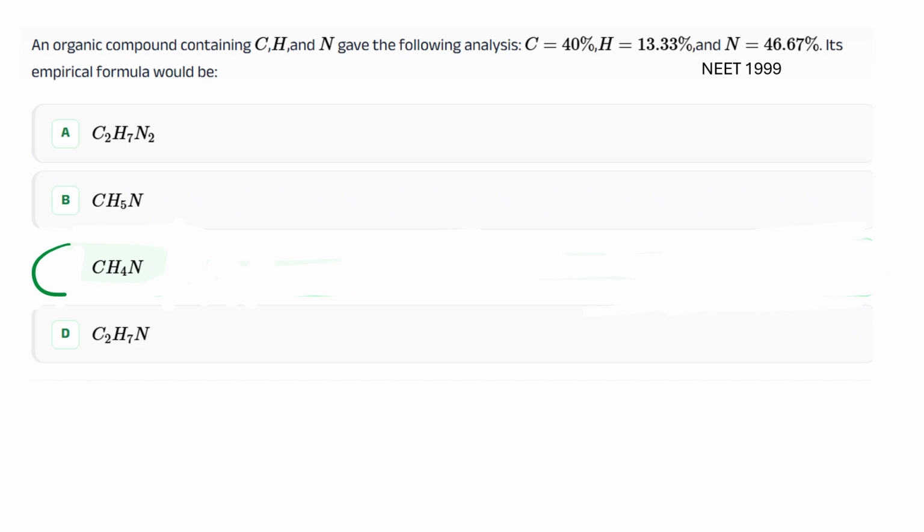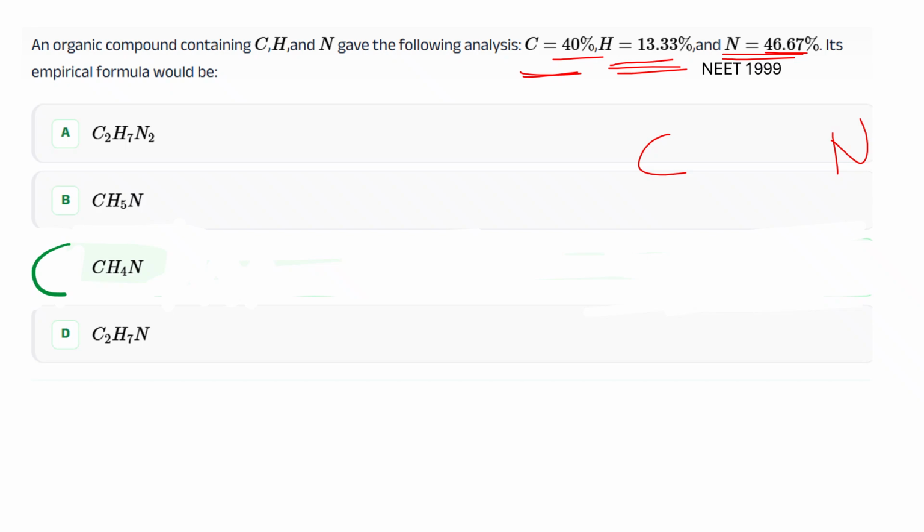I always give one trick. If you see the question contains percentage, which means mass percentage, we need to divide this mass percentage by the atomic weight. For example, carbon is 40, hydrogen is 13, nitrogen is 46. If I consider 40 and 46 as approximately equal, then carbon is one time, nitrogen is one time, and hydrogen should be less than one time, right?